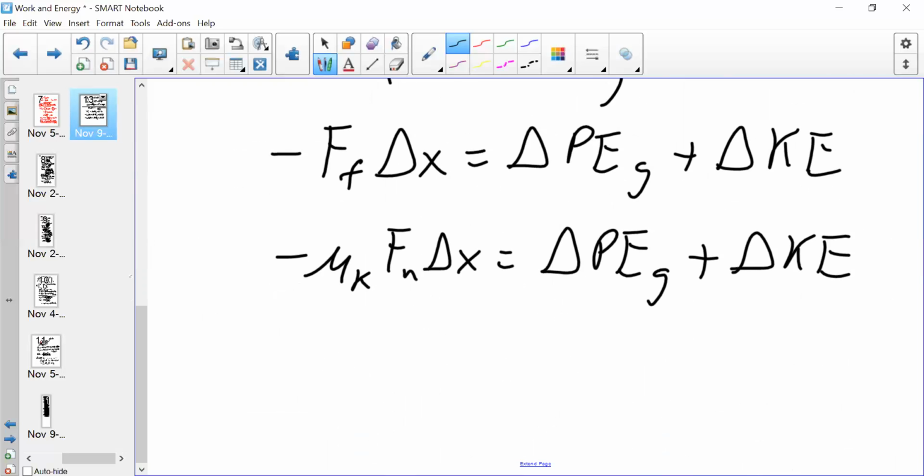I have a question about potential energy. Is potential energy only in the y direction? Yes, because it's a function of height. Okay, just making sure. Gravitational potential energy is in the y direction. We're going to see there's another type of potential called spring potential energy that can be either, but it's all relative to the spring force.